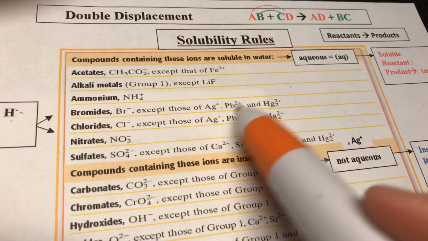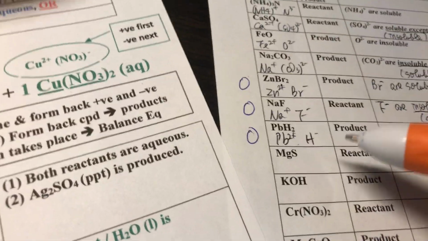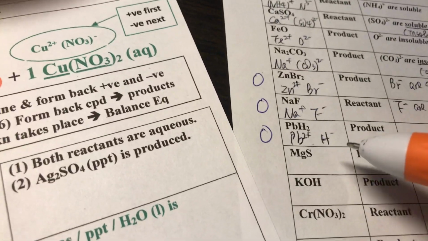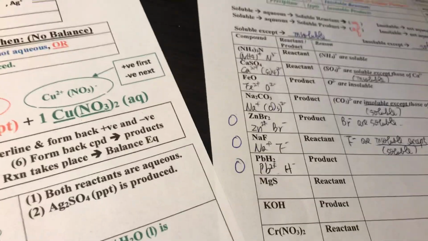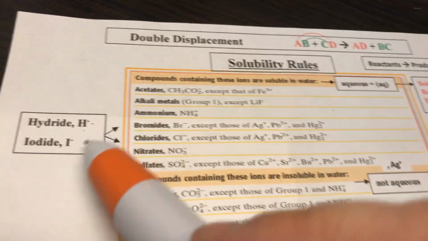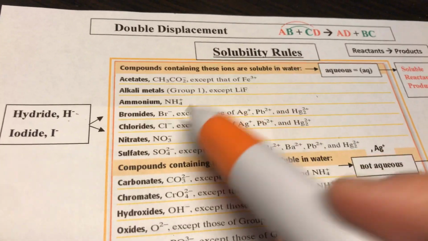Pb4+ will not be an exception because here is Pb2+ only. So make sure that you listen out the crossover, or like you have it in your mind. Like don't just look up, oh, Pb is already the same thing. You have to see if there are multiple charges. So we will write the sentence: H− are soluble except those of Pb2+.